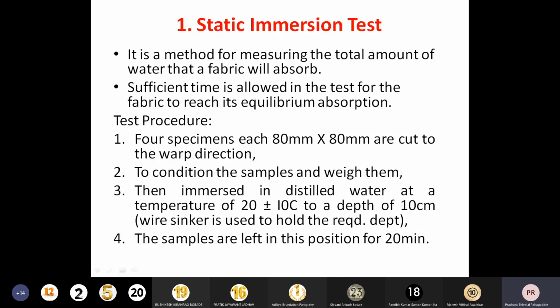So here what we are doing, weighed samples of fabric are immersed in water for a given length of time, then taken out, and excess water can be removed by a little bit of shaking, थोड़ा सा उसको झटका मार के निकाल देते. Then they are again weighed and the weight of the water absorbed is calculated as a percentage of dry weight of the fabric. ये हम यहाँ पे करते हैं, इसमें static immersion testing.